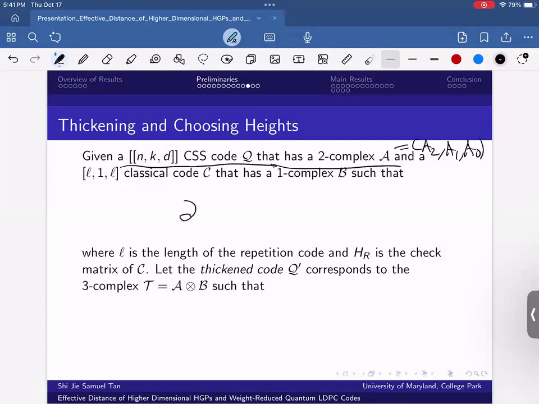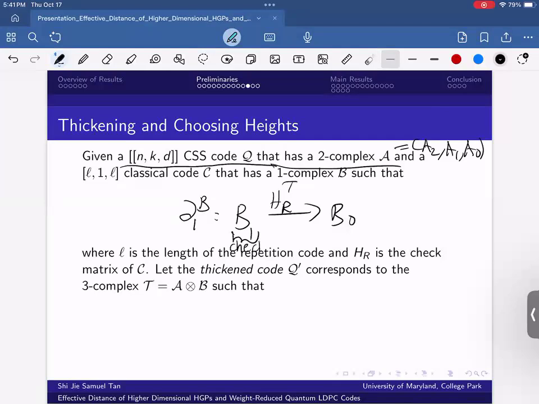Classical codes also have a homological picture to it, which might be obvious for some of you. You can think of B1 itself as checks here.